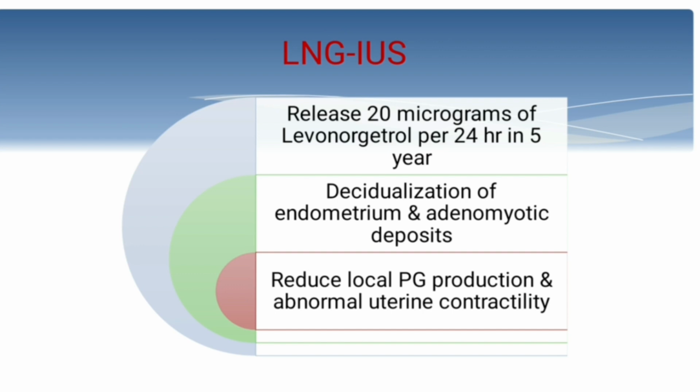Now the levonorgestrel intrauterine system, how does it act? It releases 20 microgram of levonorgestrel per 24 hours over 5 years, and it causes decidualization of the endometrium and adenomyotic deposits. Thus it causes reduced local prostaglandin production and abnormal uterine contractility, and it is also used in adenomyotic patients.